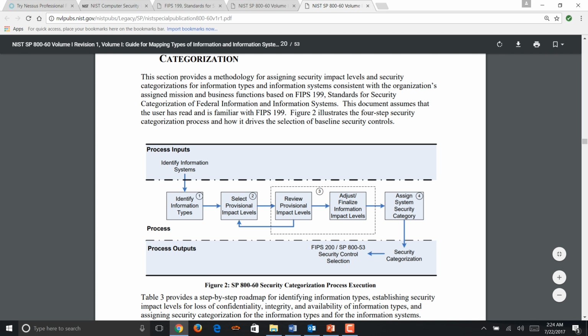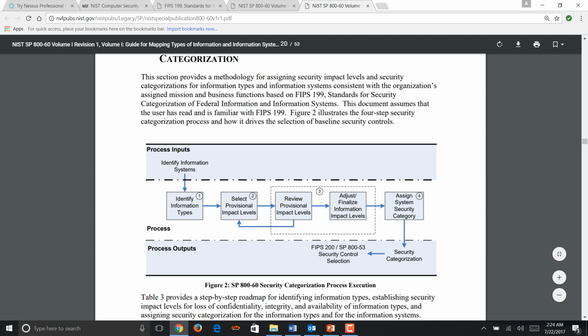We shall be looking at the various information types in NIST 800-60 Volume 2. NIST 800-60 helps us to understand the various information types and the recommended categorization for these information types. So let's continue with the process of categorization. Once you've identified information types, the next step is to select the provisional impact level.